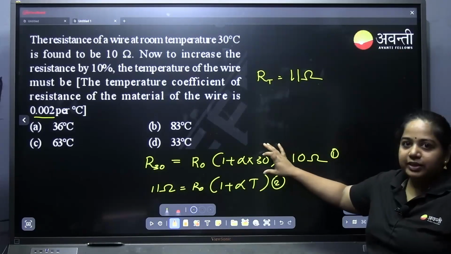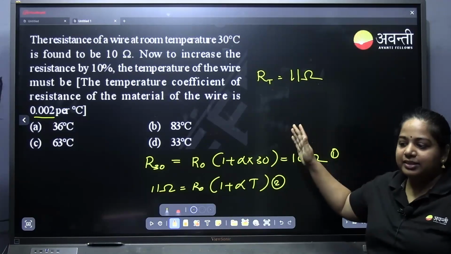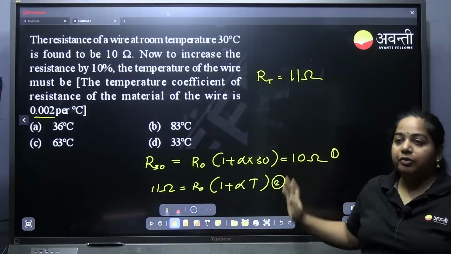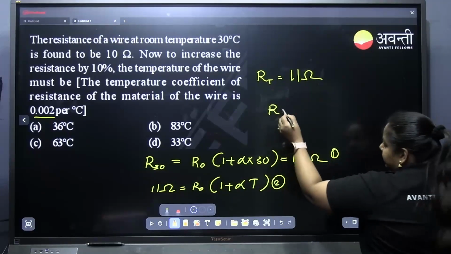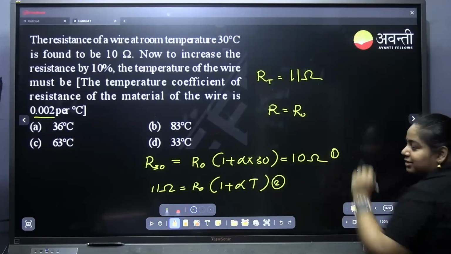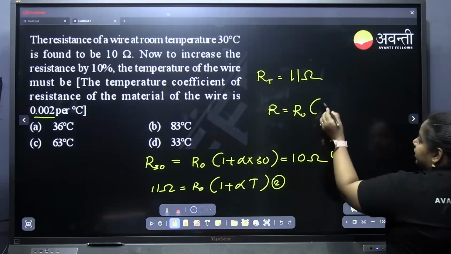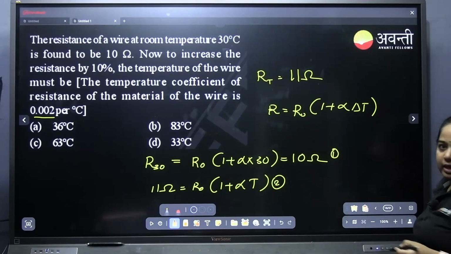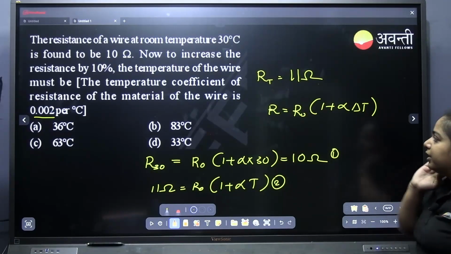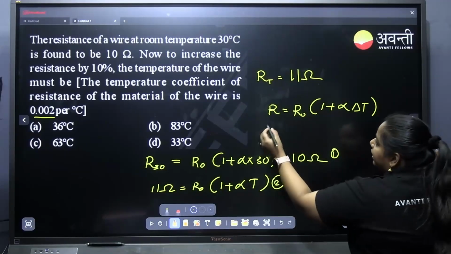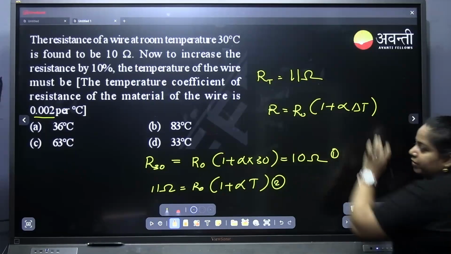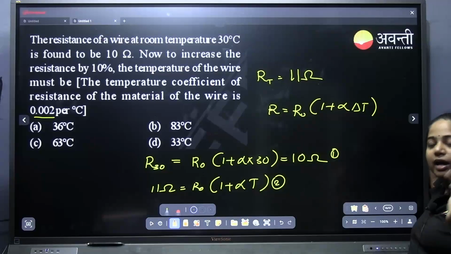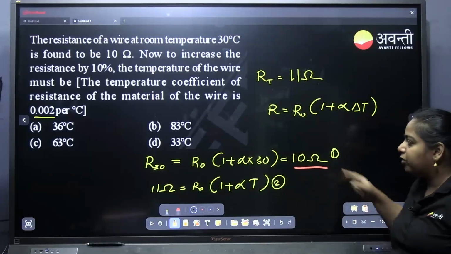We have this equation, right? Resistance at any temperature. How can you find resistance at any temperature? It is equal to resistance at 0 degree Celsius into 1 plus alpha delta T, where delta T is the change in temperature. Here at 30 degrees Celsius, when T equals 30, resistance is given as 10 ohm.